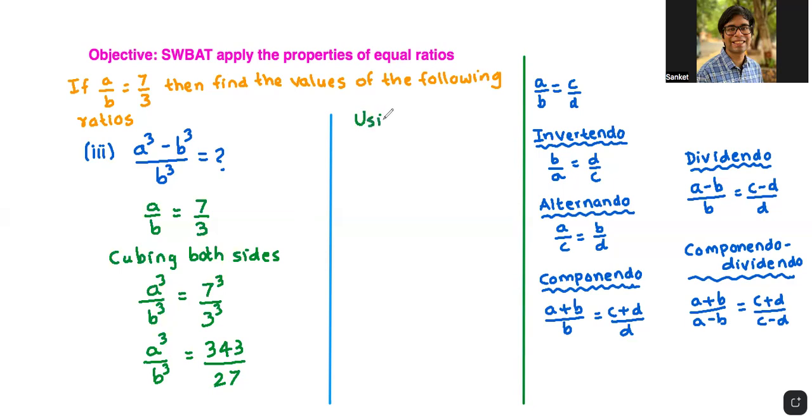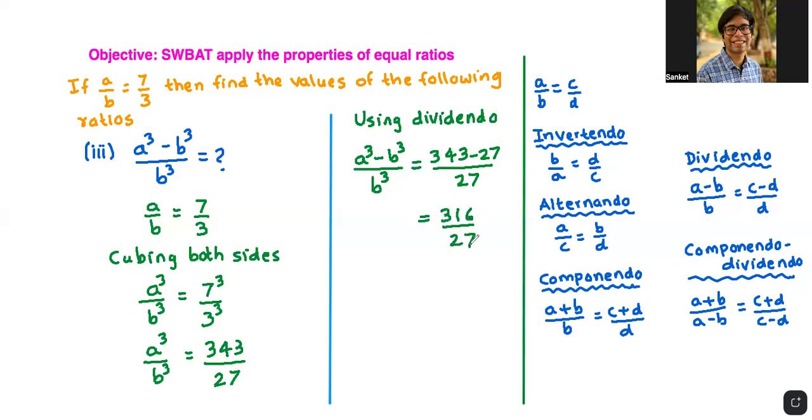So I'll write using dividendo, A cube minus B cube upon B cube is 343 minus 27 upon 27, which is 316 upon 27. I hope this is clear. I'm going to clear this off and we are going to do another type of question.